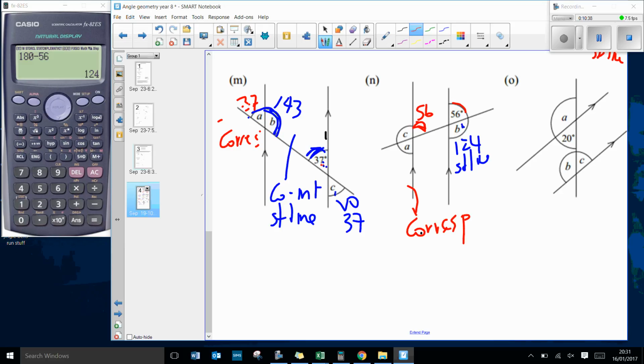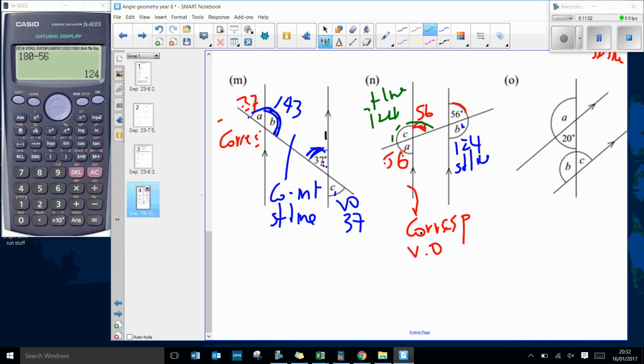Then I can say that that's vertically opposite to A. So to calculate angle A, we've actually used two different reasons, so we must list them both. Then once we've got that, we can find C pretty easily, angles on a straight line, and that would be 124.